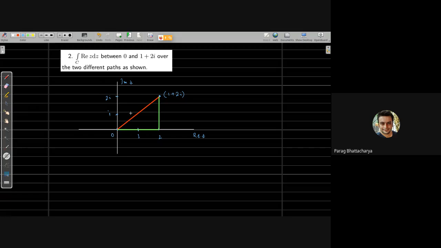So these are the two paths. Path number 1 is the first path, and this is the second path. So integrate this over these two different paths. Here you'll have to find some kind of parameter which is going to represent this. So please try to work this out at home. You can discuss among yourselves, and if you have any queries you can ask me. Just feel free to ask me.